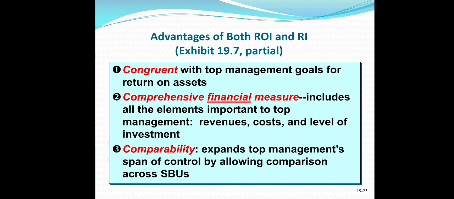So the thing is, this is the third advantage of both ROI and RI. If a business uses ROI and RI, then it allows comparison across the single business unit.